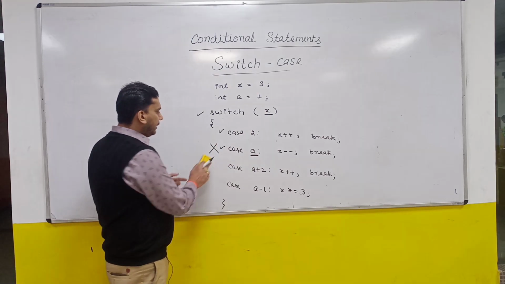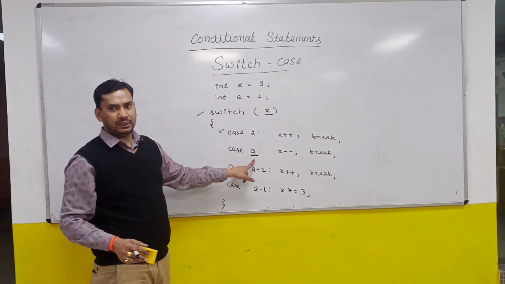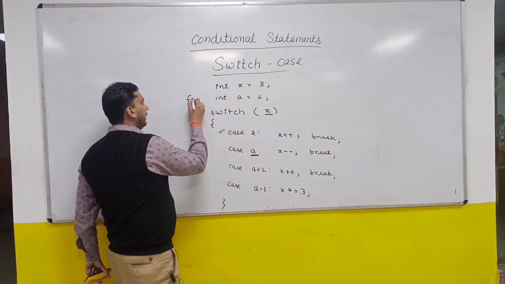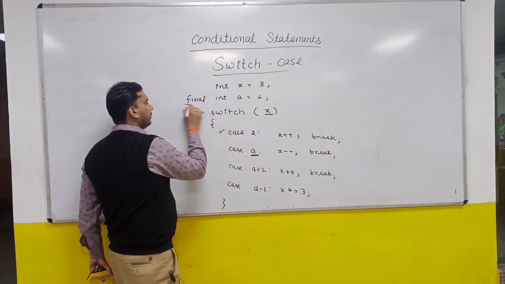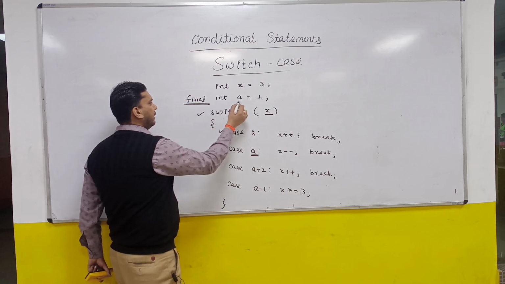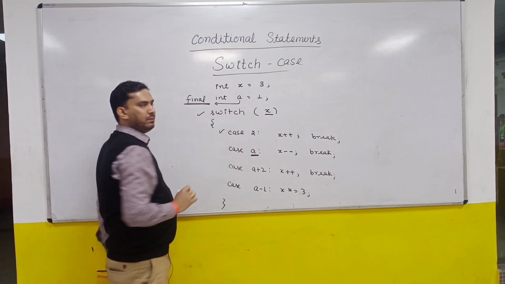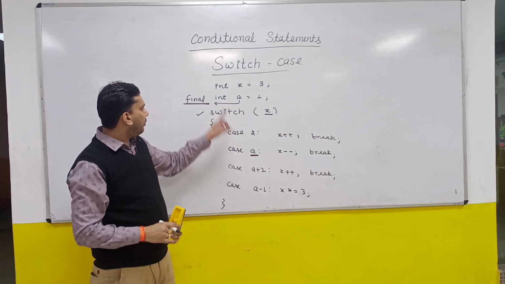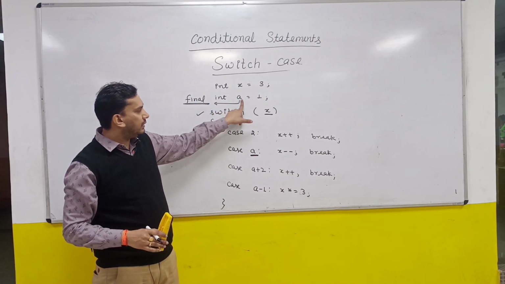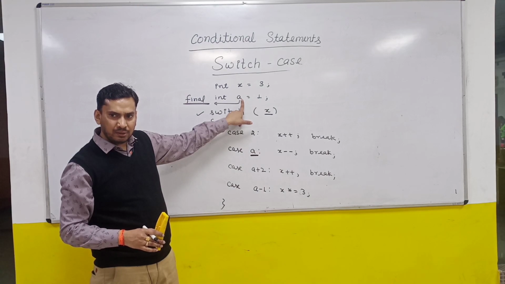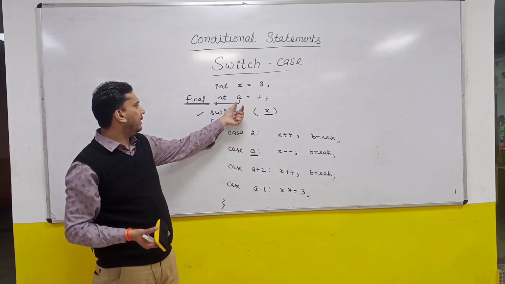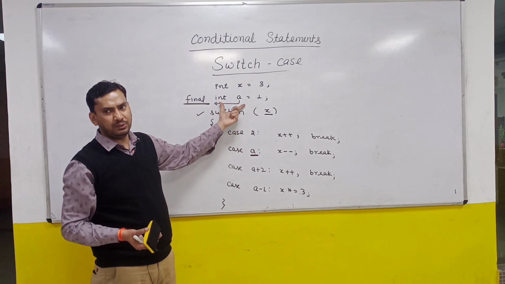So what you can do here is I can make A constant. So how will I make A constant? I will put a final keyword here. So now if you put a final keyword here, it means A has become constant, right? Now final int A means, is it a variable? No, it is a constant. As you declare any data member final, it will become a constant.